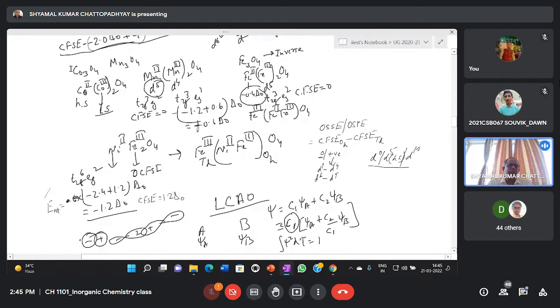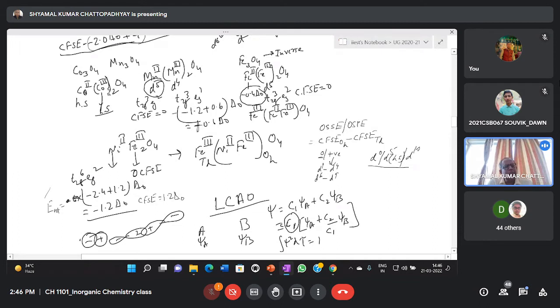Right. Now, if I go to Co3O4, for instance, we have cobalt 2 high spin and cobalt 3 low spin. In this case, both cobalt 2 and cobalt 3 have got CFSE. But as I have told you, d6, all cobalt 3 except in the complex with fluoride are low spin.